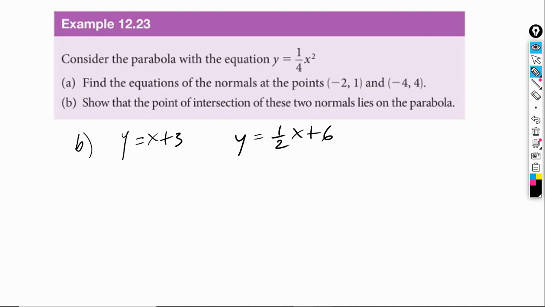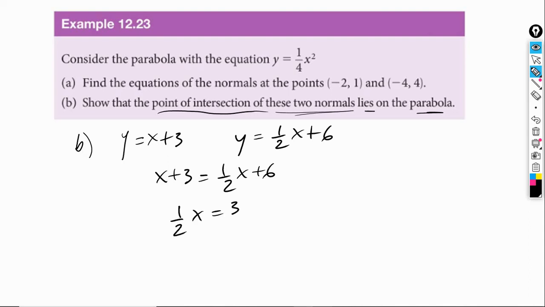So they're telling us, show that the point of intersection of these two normals lies on the parabola. Okay, so let's find the point of intersection. For this, let's equate x plus 3 to 1/2 x plus 6, and we're going to have that 1/2 x equals 3, so x equals 6. And if x equals 6, y has to equal 9. So the point of intersection is (6, 9).